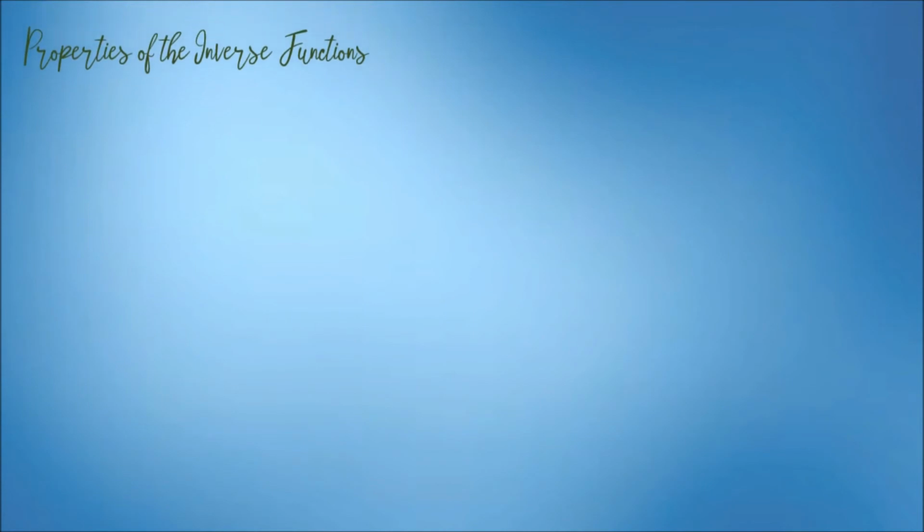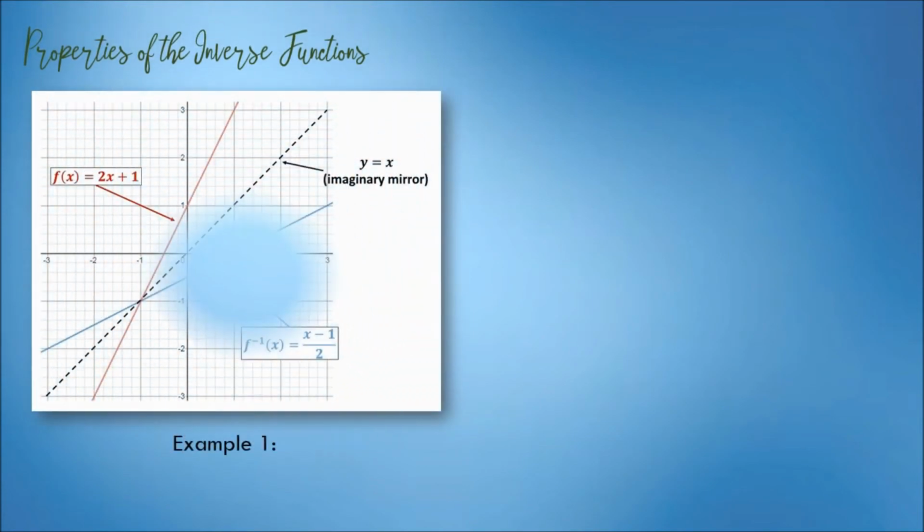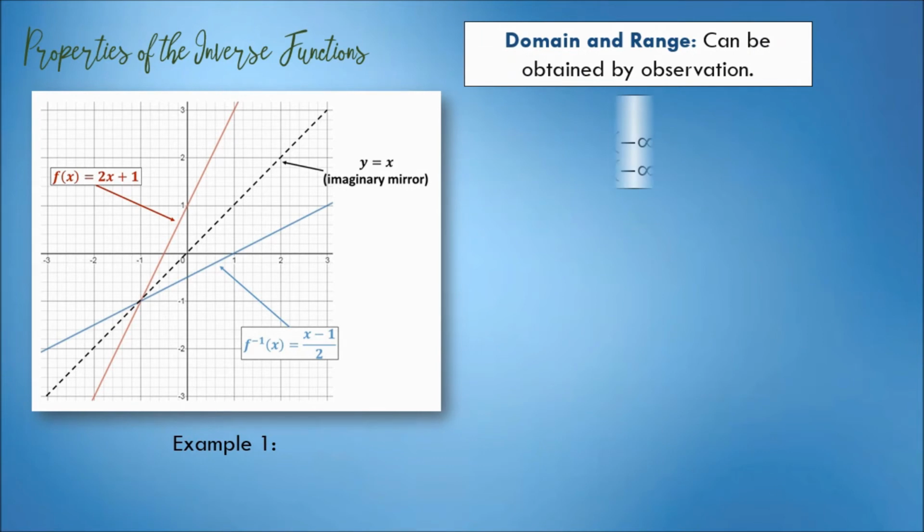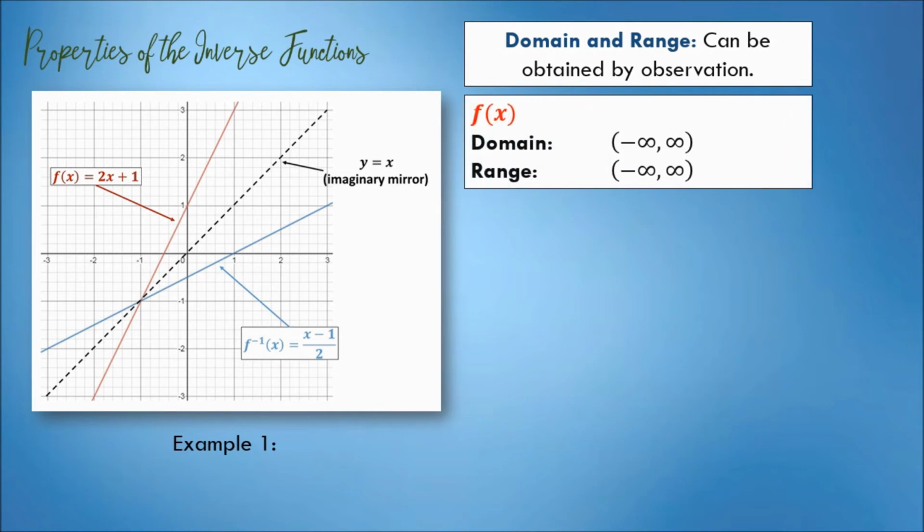How about the properties of inverse functions? For example, we have these inverse functions. Since they are linear functions, the domain and range can be obtained through observation. For f of x, the domain and range are all real numbers, meaning from negative infinity up to positive infinity, without restrictions and asymptotes.